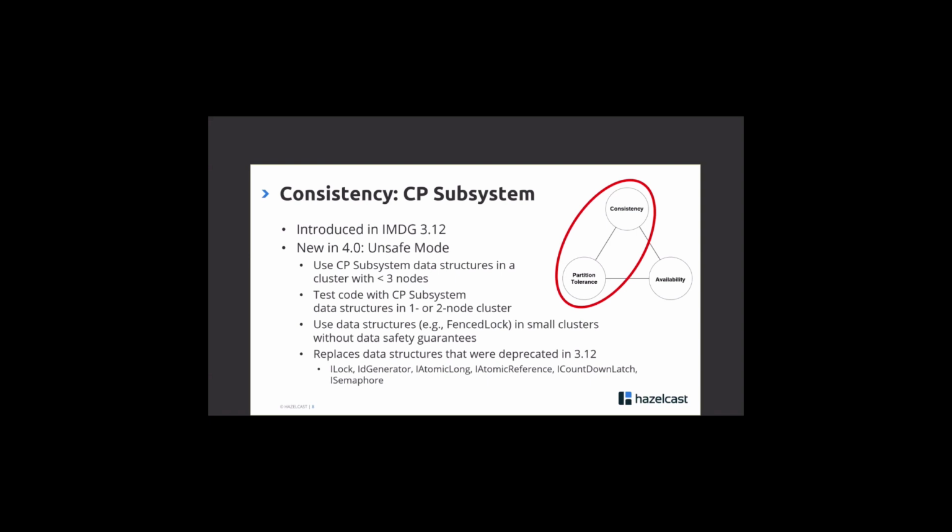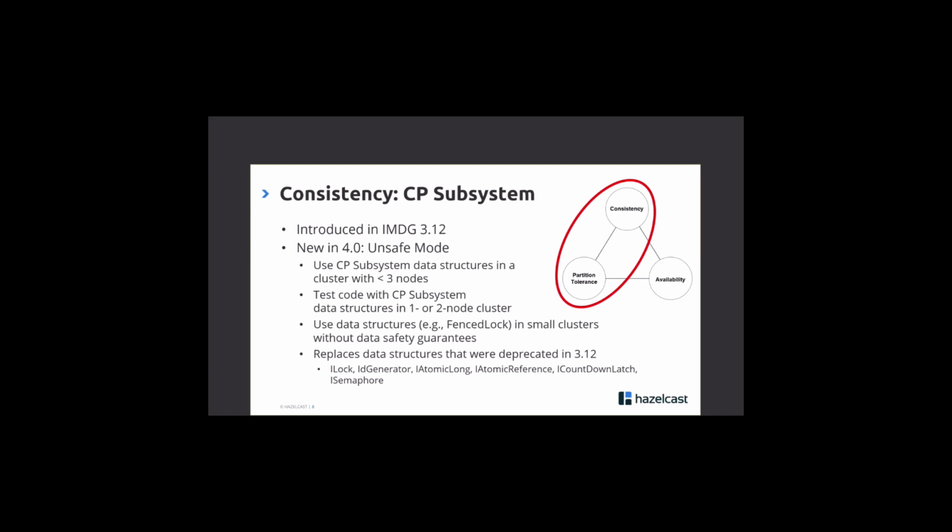And you might know that most distributed systems today are AP, meaning they provide availability and partition tolerance, but don't guarantee strong consistency. With the CP subsystem introduced in IMDG 3.12, now you have an alternative model where you can ensure strong consistency with partition tolerance with some relaxing of the availability.